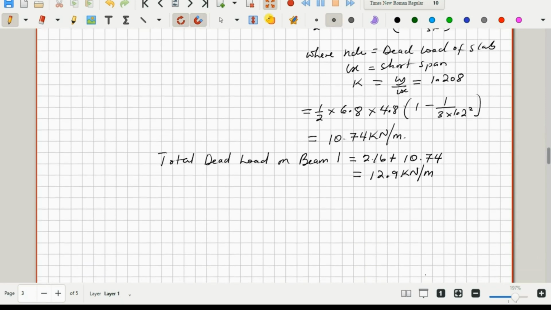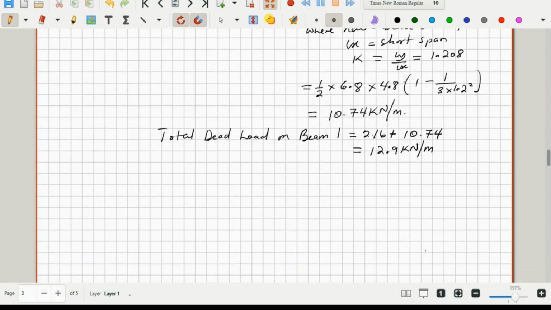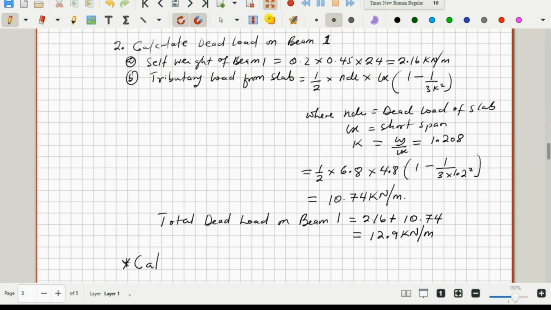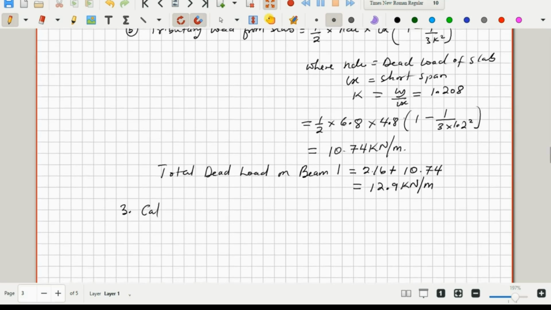Now we'll move ahead and calculate. So this will be 3. Calculate live load on beam 1.